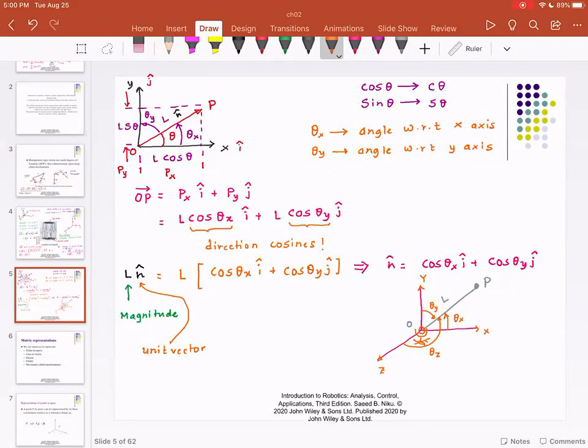The position vector can be written very quickly as L times cosine theta x i plus cosine theta y j plus cosine theta z k. And that gives you the three-dimensional position of this manipulator.